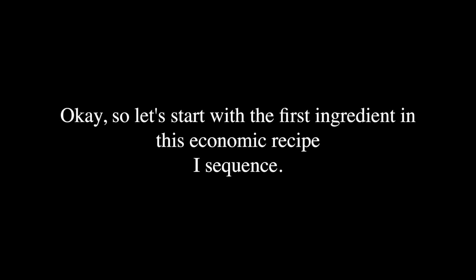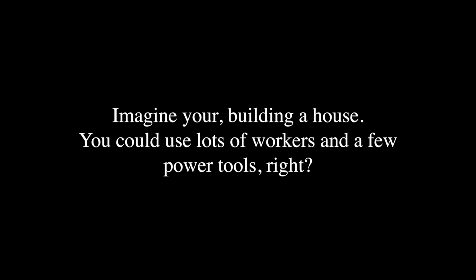Okay, so let's start with the first ingredient in this economic recipe, isoquants. Now, I'll admit, the name sounds a bit intimidating, but I have a feeling you're about to make this all crystal clear for us. I'll certainly try. So think of an isoquant like a blueprint. Imagine you're building a house. You could use lots of workers and a few power tools, or you could use a smaller crew, but with some really high-tech machinery.